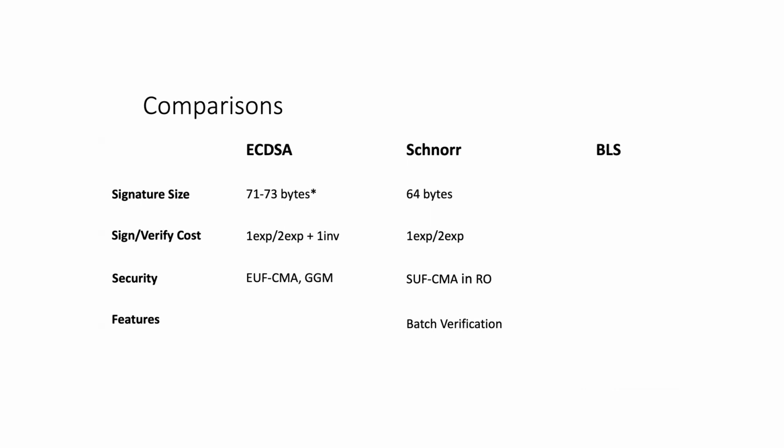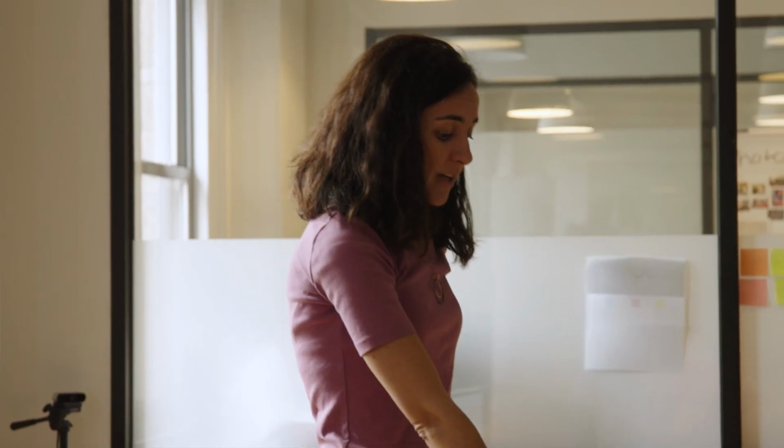In terms of security, Schnorr has stronger security, it doesn't support malleability, and it's proven secure in a more acceptable security model. It also has the very nice feature of batch verification that is missing from ECDSA. Next I'm going to move into BLS. Are there any more questions on ECDSA and Schnorr before doing that?